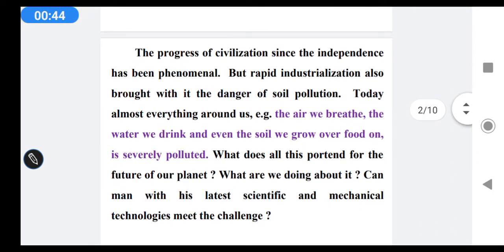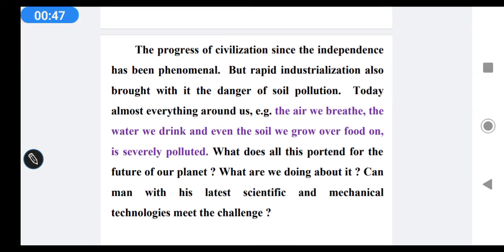The progress of civilization since independence has been phenomenal, but rapid industrialization has also brought the danger of soil pollution. Today, almost everything around us, the air we breathe, the water we drink, and even the soil that grows our food, is severely polluted.